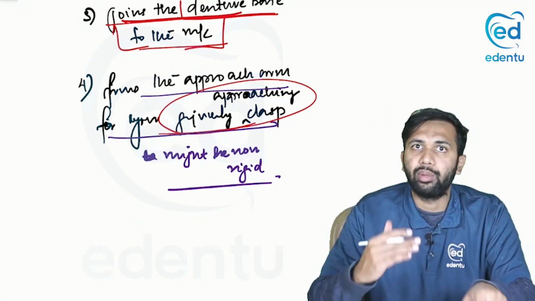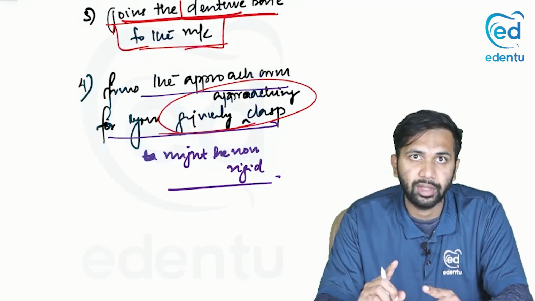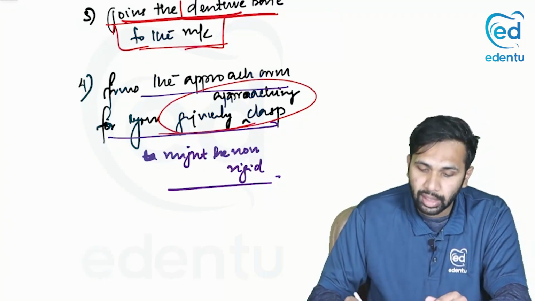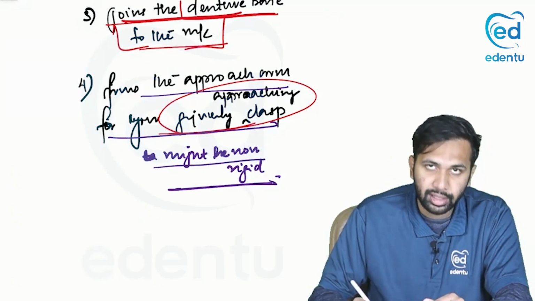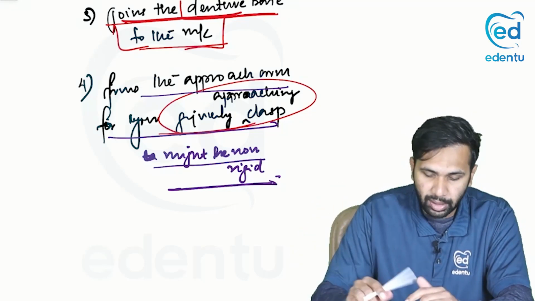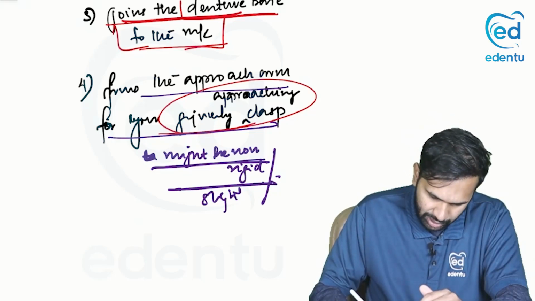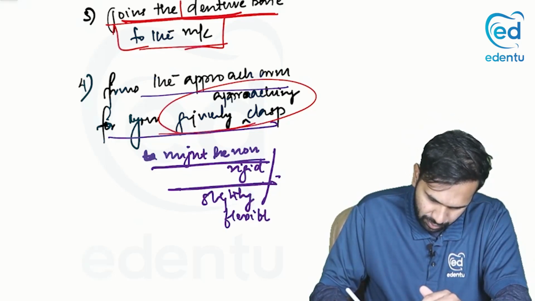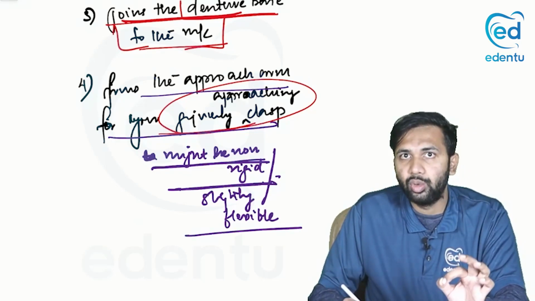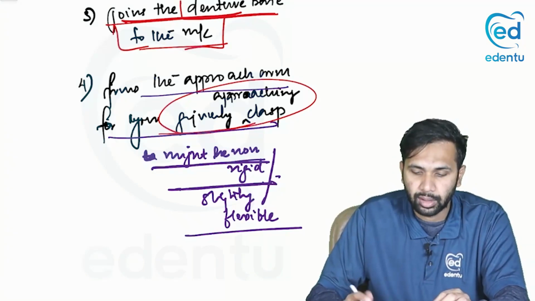Because whenever I spoke about the major connector, whenever I spoke about all the parts of the RPD, I told you they have to be rigid. Only then there will be good force transmission. But this type of minor connector, which forms the vertically approaching arm of your gingival clasp, can be non-rigid or flexible or slightly flexible. There are only 2 or 3 things in RPD where flexibility is allowed, and this is one of them.